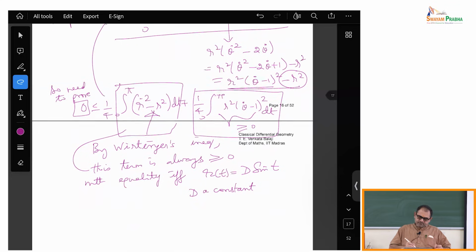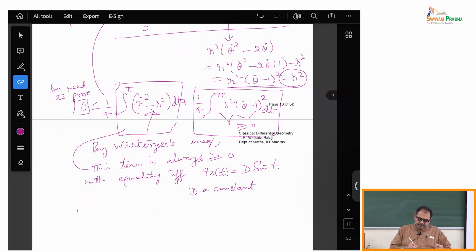So the RHS vanishes if and only if both happen. It's a sum of two terms, both of them are non-negative, and if you want that sum to be 0, each term should vanish.